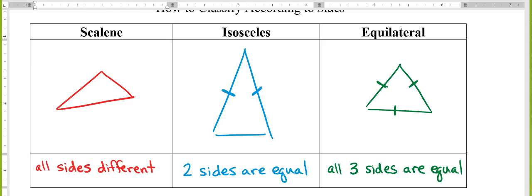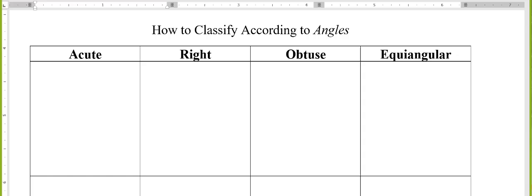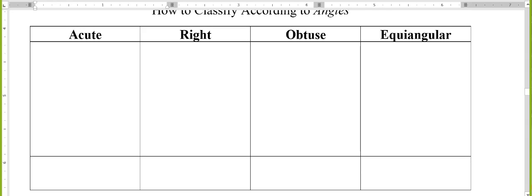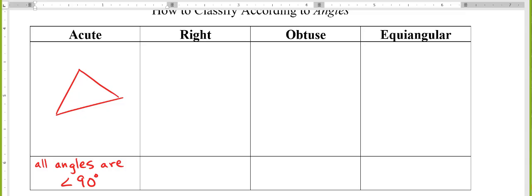All right, the way to classify according to angles. This is just looking at the angles of the triangle. If you have an acute, all angles are less than 90 degrees. Less than 90 degrees.